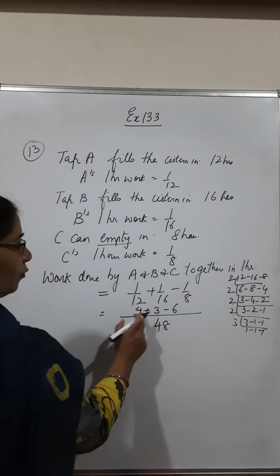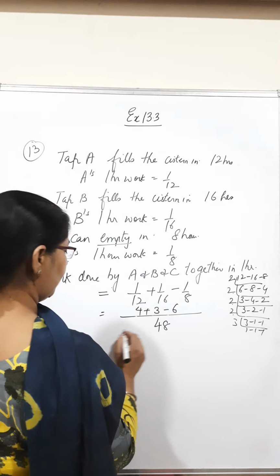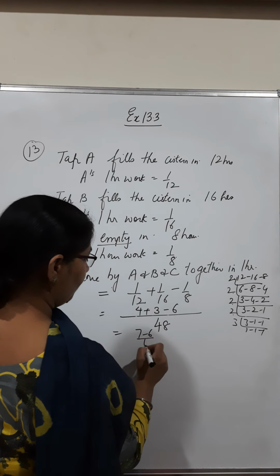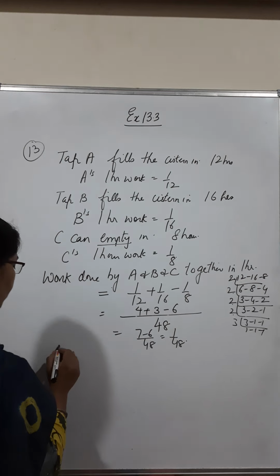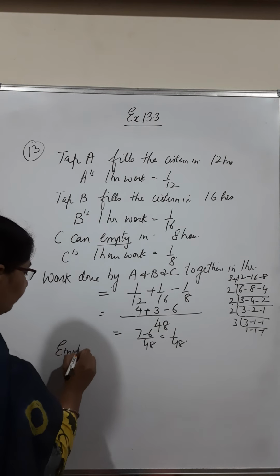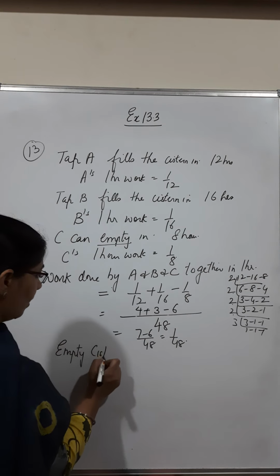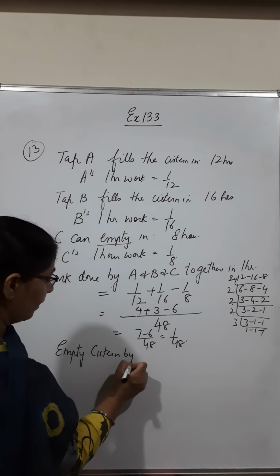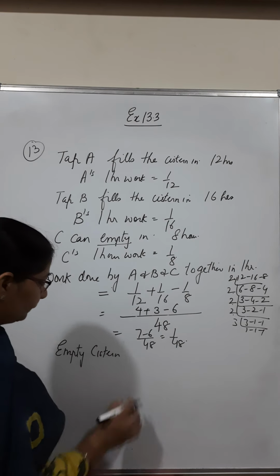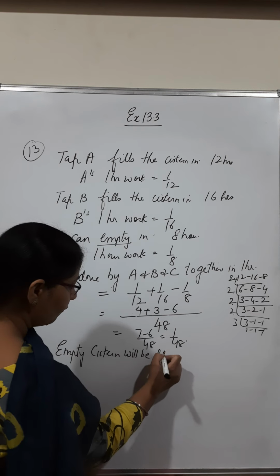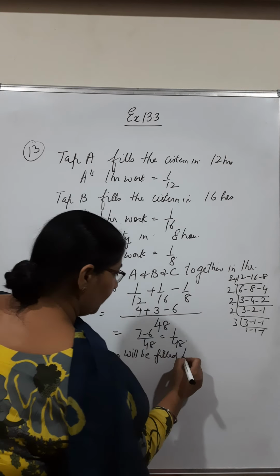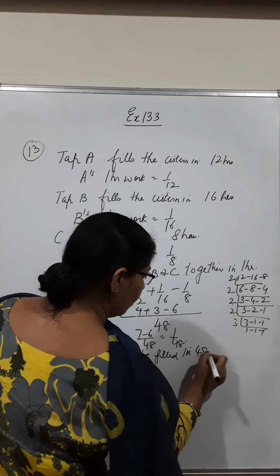So 4 plus 3 minus 6 over 48, which is equal to 1 by 48. So therefore the empty cistern will be filled in how much time?